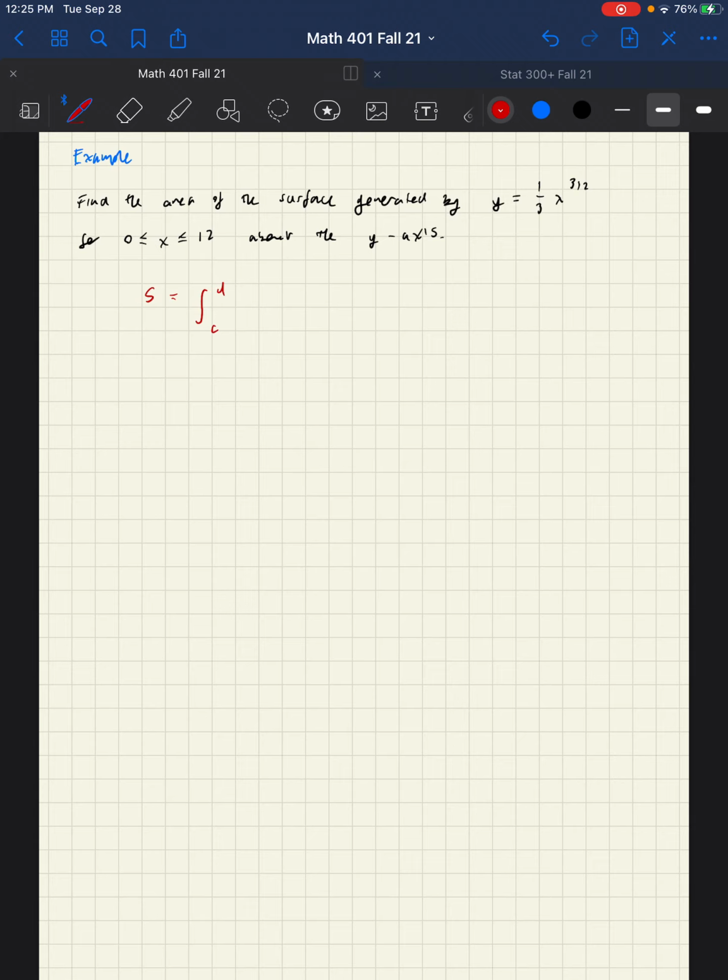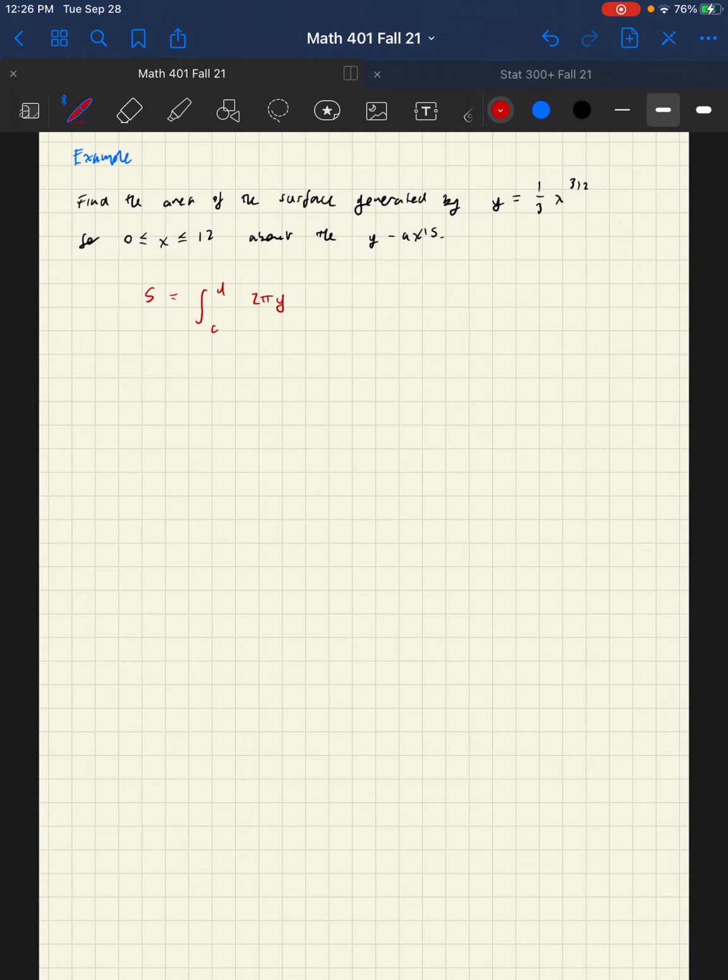y-axis. About the y-axis, we need to modify our formula just a bit. In this case, for our surface area calculation, we're going to need limits of integration for y.